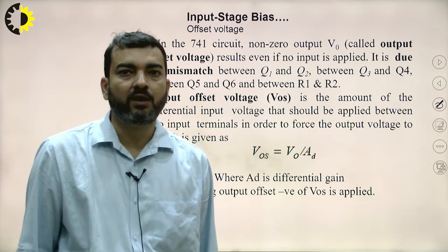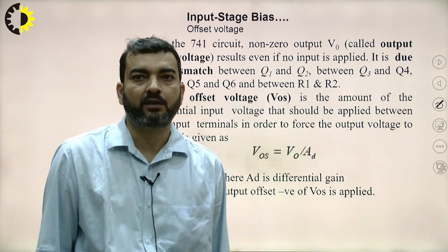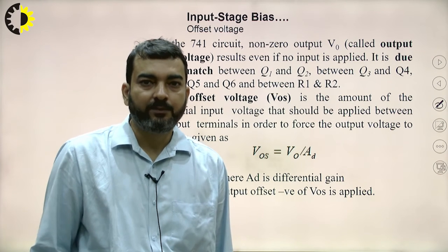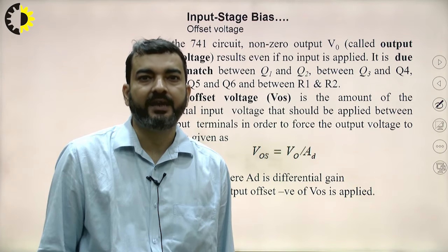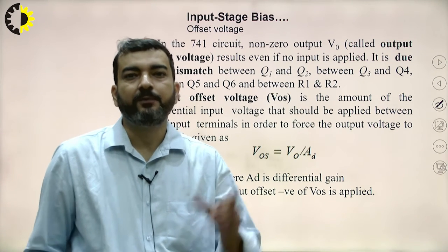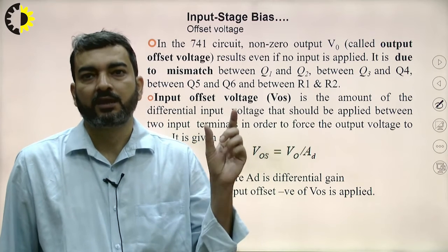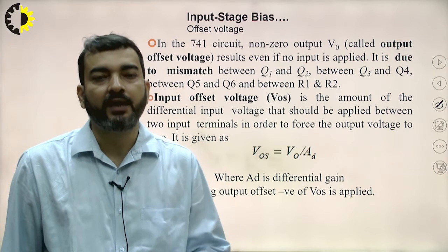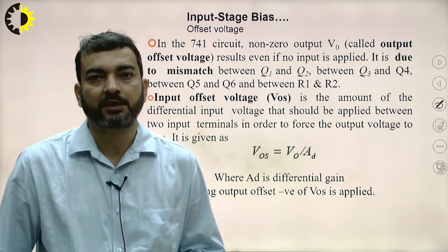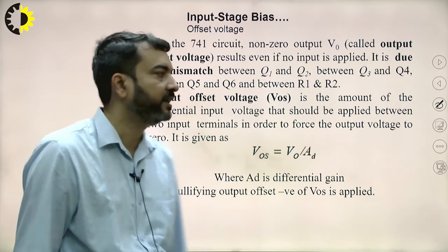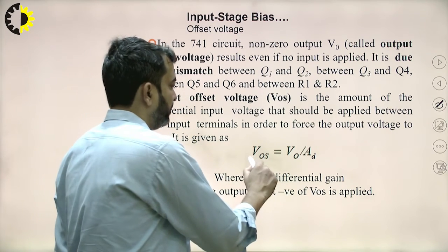This unwanted output voltage is called output offset voltage. And input offset voltage is defined as the voltage which will be applied between the input terminals of transistors Q1 and Q2, that is between the bases, to nullify the output offset voltage. So if we have an idea of the output offset voltage V0.